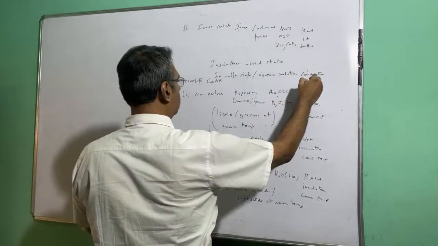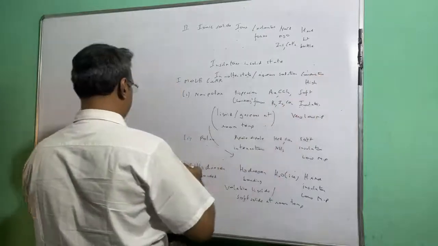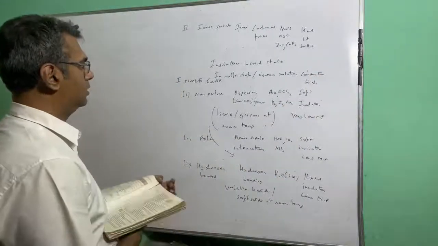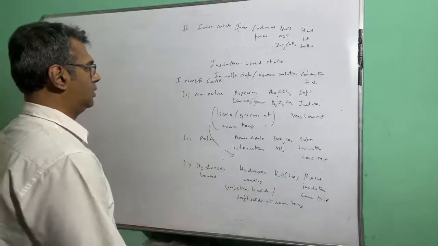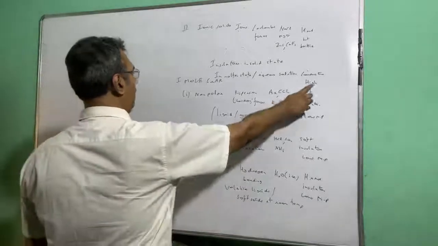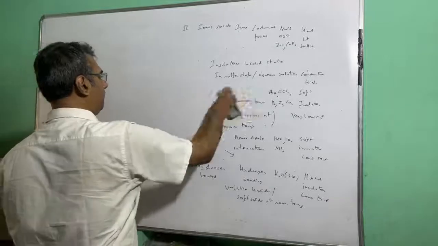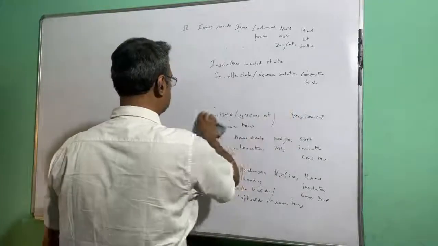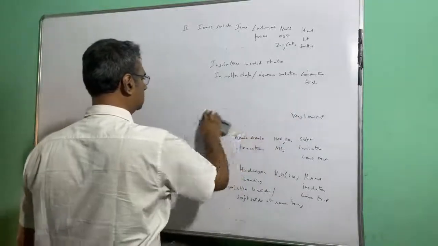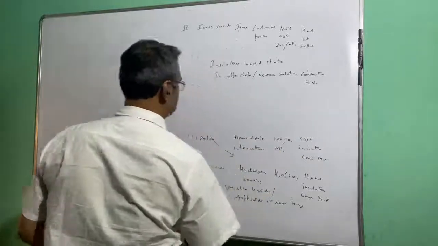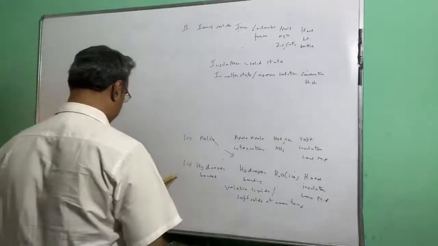And the melting point is very high. So in solid state they are insulators, but in molten state or aqueous solution they are conducting and melting point is high. So this is regarding ionic solids.